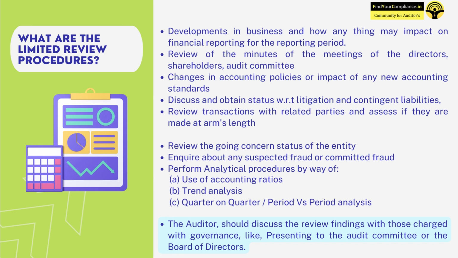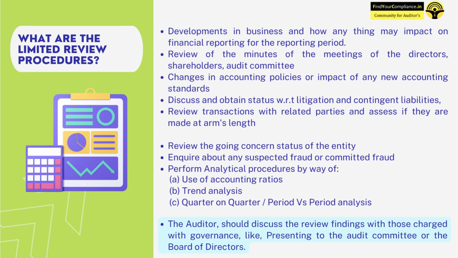Identify, if any, changes in accounting policies or impact of any new accounting standards. Discuss and obtain status for litigation and contingent liabilities. Verify transactions with related parties and evaluate if they are made at arm's length. Review the going concern status of the entity and inquire about any suspected fraud or committed fraud during the reporting period.